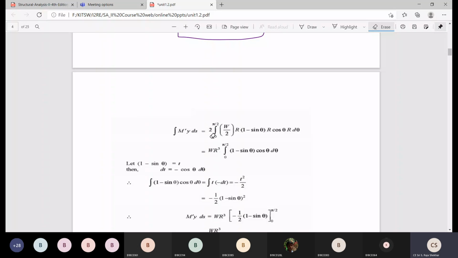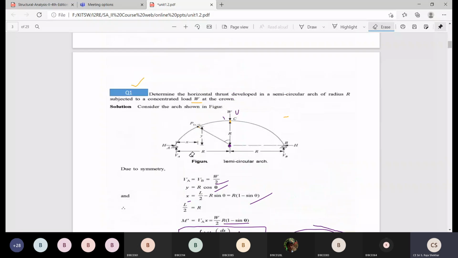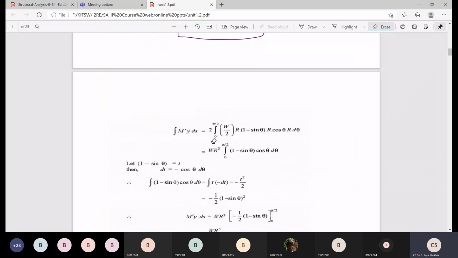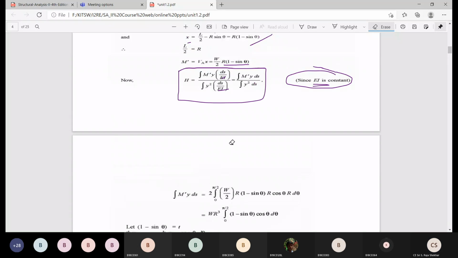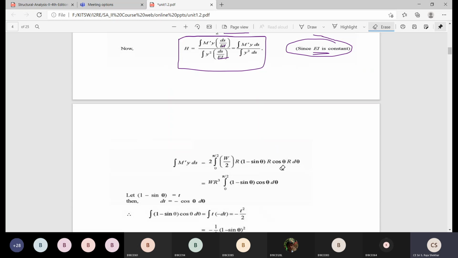Integration of M dash y ds is equal to 2 into, since this is a symmetrical parabolic arch, that is why I'm considering 2 into the integration of 0 to pi by 2 of M dash y ds. M dash is W by 2 into r into 1 minus sin theta, y is r cos theta, and ds is equal to r d theta.